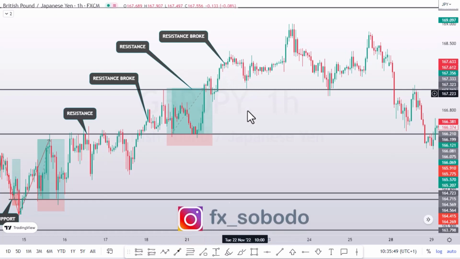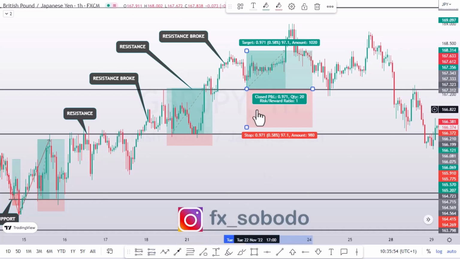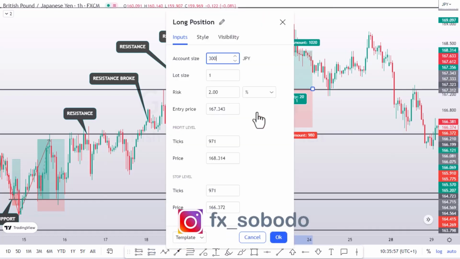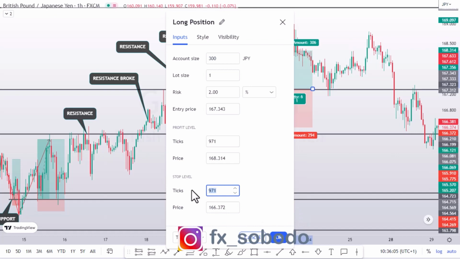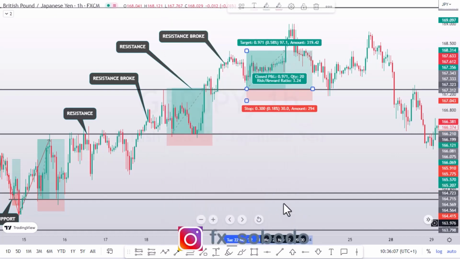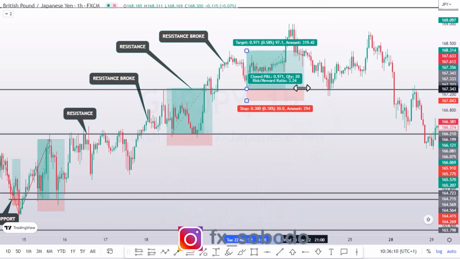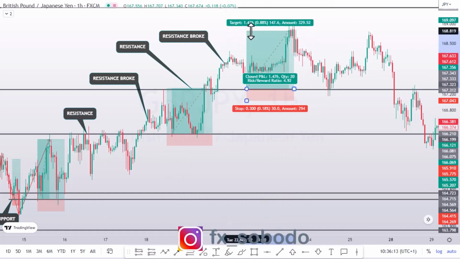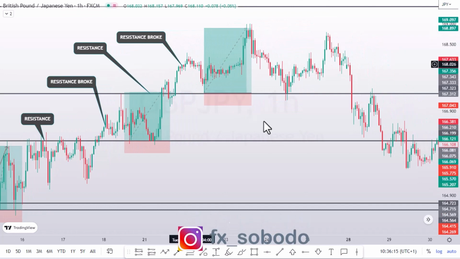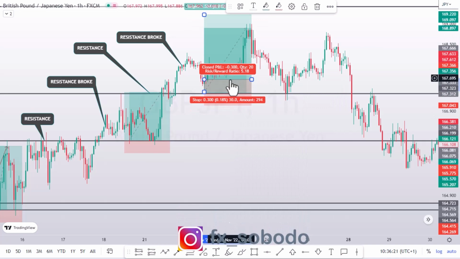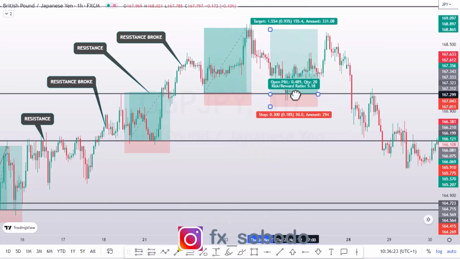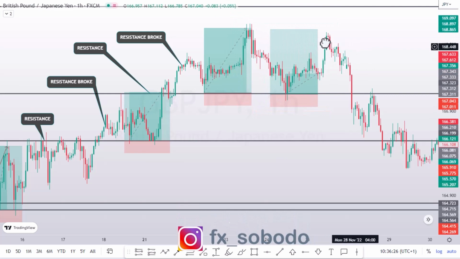Upon coming to retest, we what? We buy by risking 30 pips only. And price then took off. It came again for the second time. We just clone this guy, again risking 30 pips only.